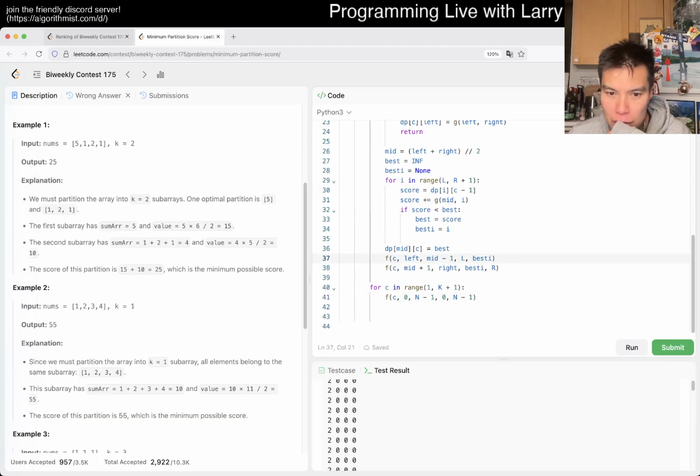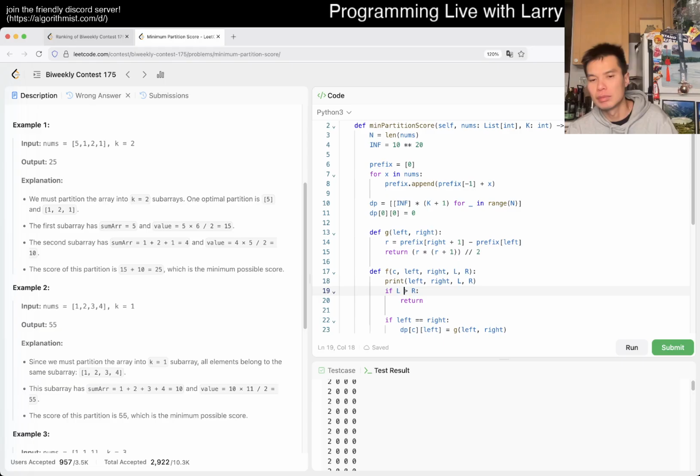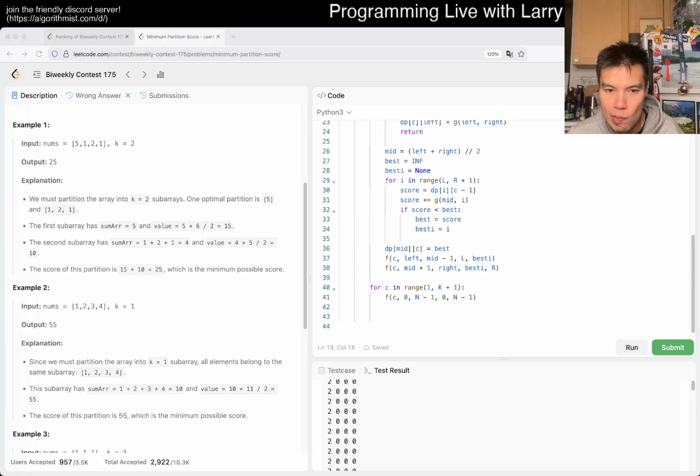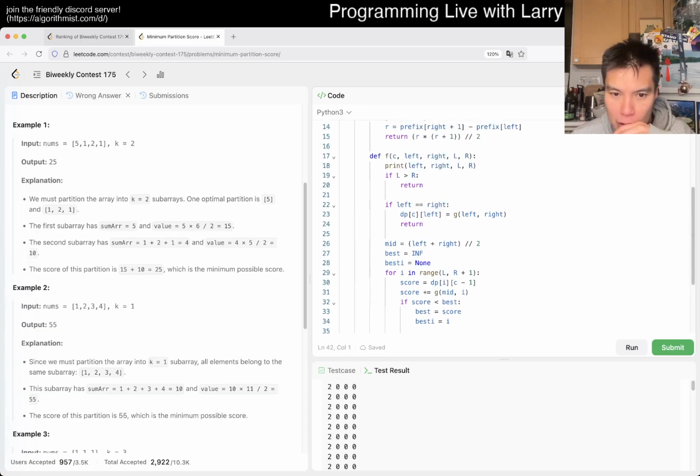2-0. I messed something up. I mean, I could have messed something up, but solve for the mid. So 2-0, right? 2 zeros. Why did I not print C? Okay. I mean, all right.